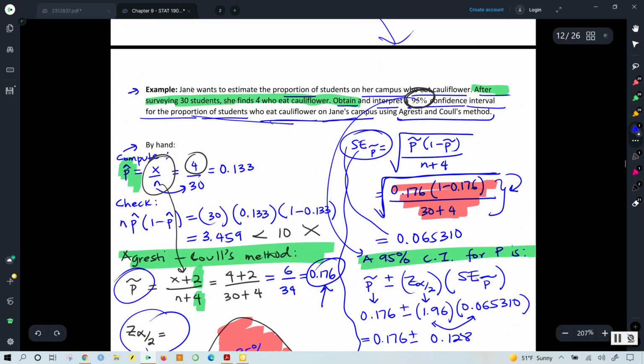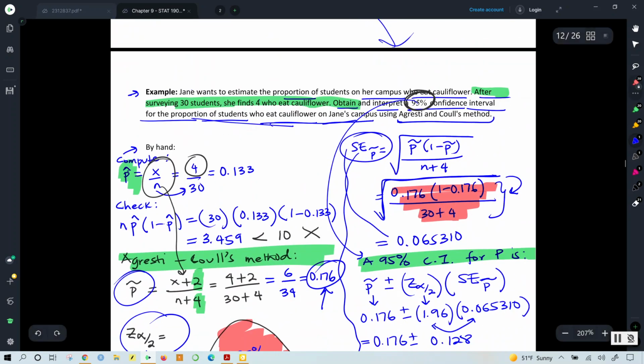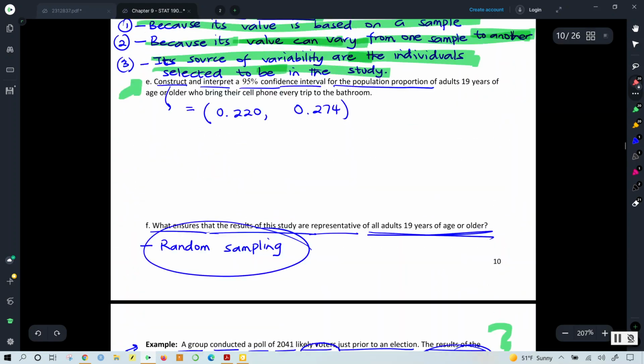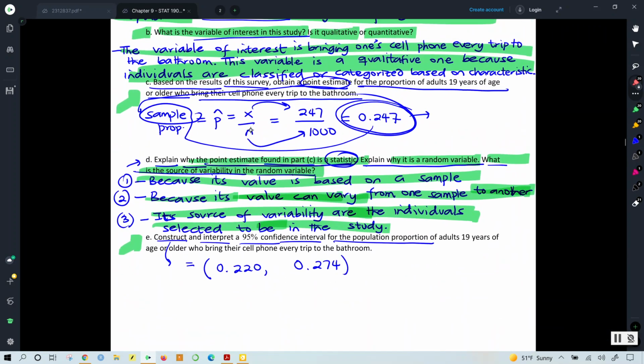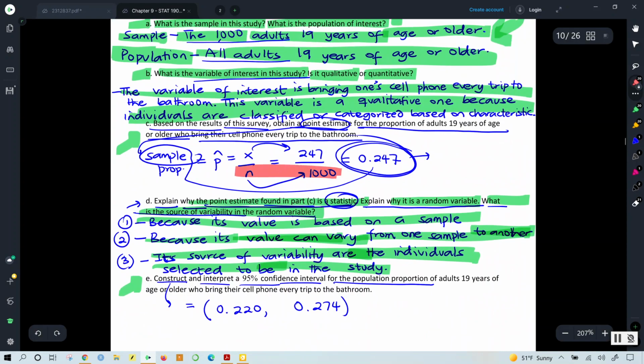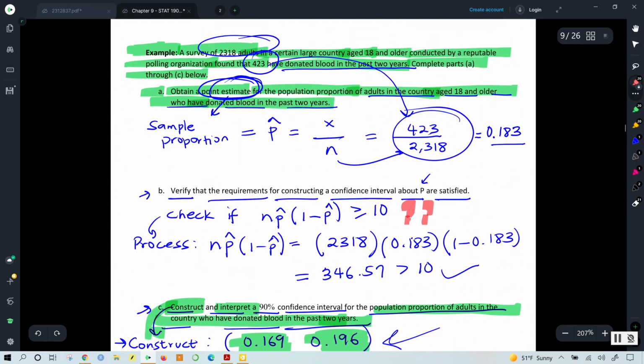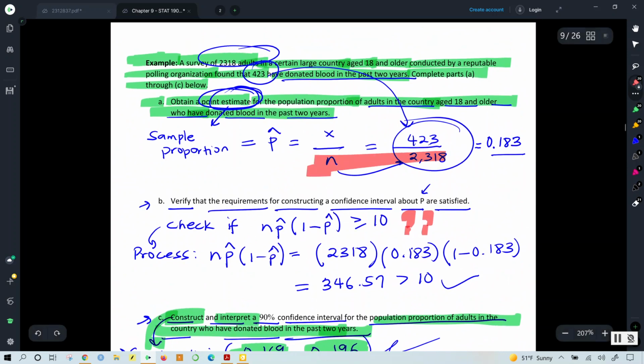If you look at past problems, we have been given n equals 30, for example, a sample of 30 students. In previous problems, we were already given the sample size, n equals 1,000. Again, we're given n equals 2,318.